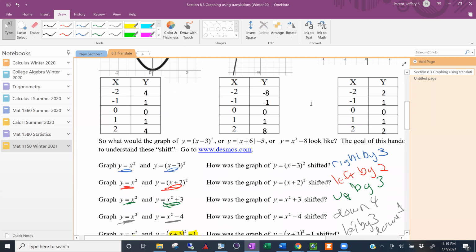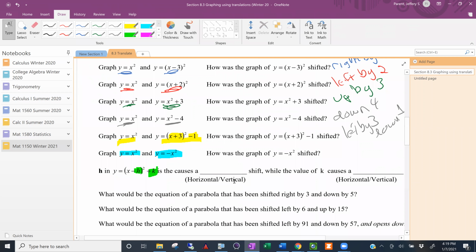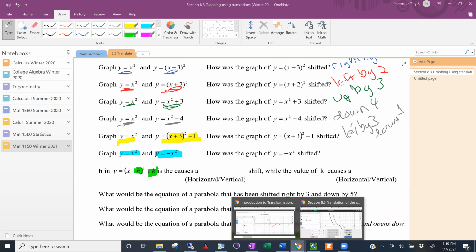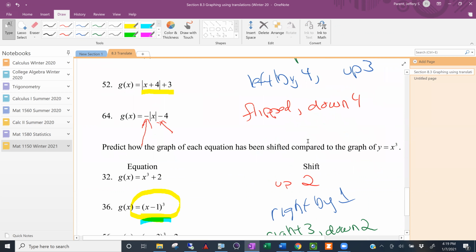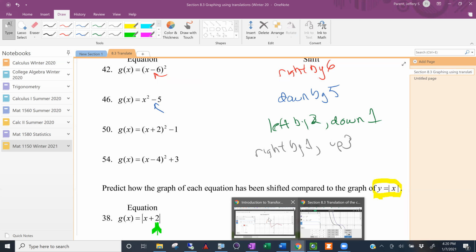One parting thought and reminder: when you do these shifts, you can still look at domain and range. So let's look at, say, the last one of these, x plus 2 squared minus 1, and determine its domain and range.